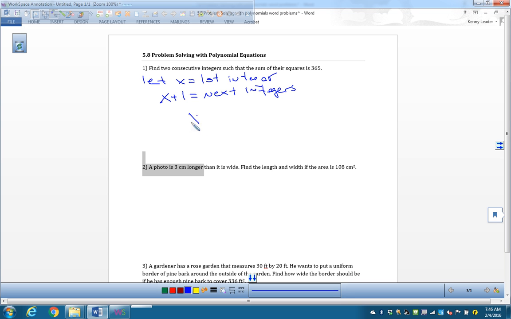How would I write the square of x plus 1? X plus 1 in parentheses squared. The sum of their squares is equal to 365. You get it? That's how you set up the equation.